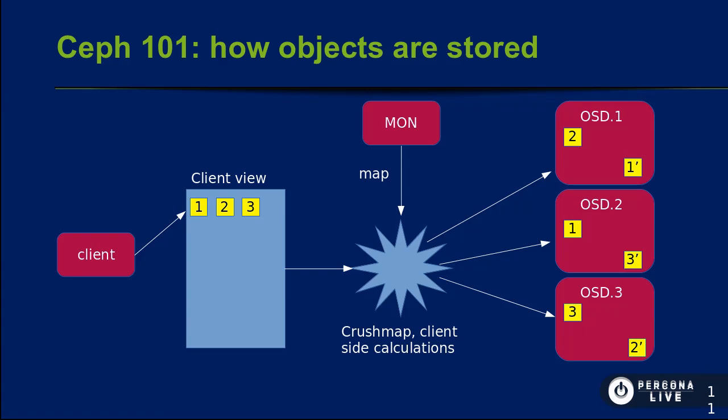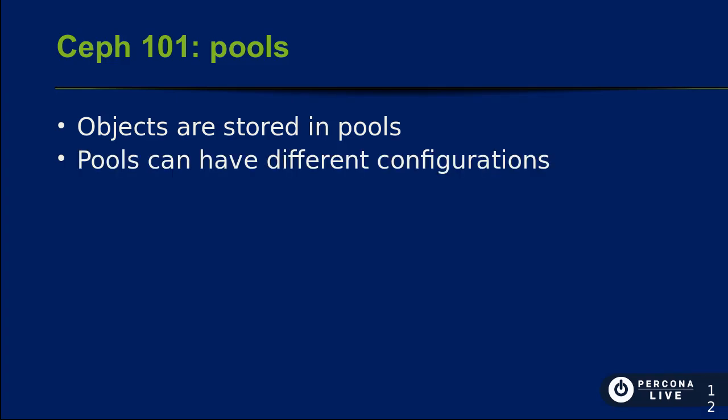So now, inside Ceph, data is put inside pools. And pools have different configuration. You can have pools that are replicated, or pools that are not replicated, for different purposes.